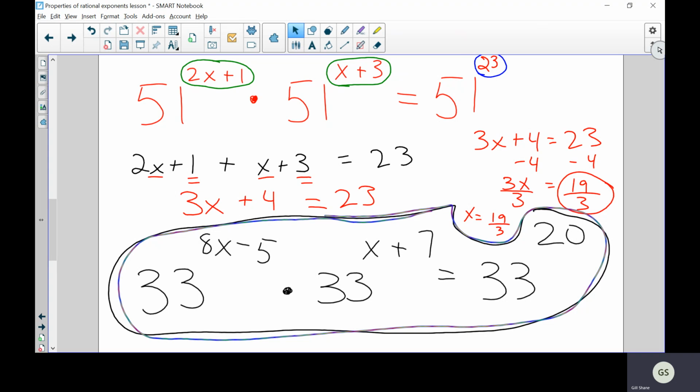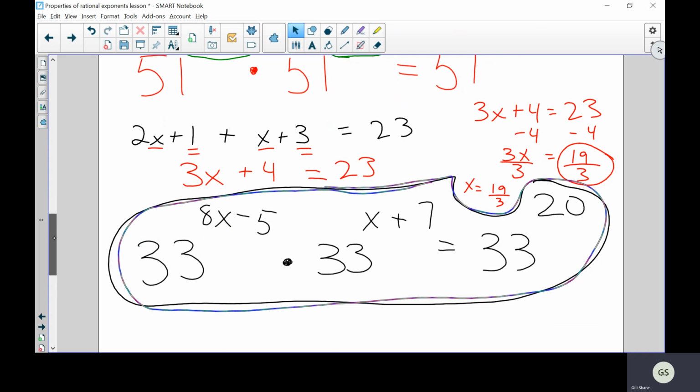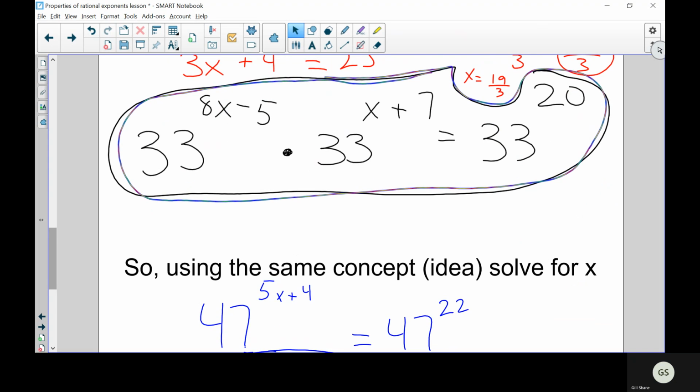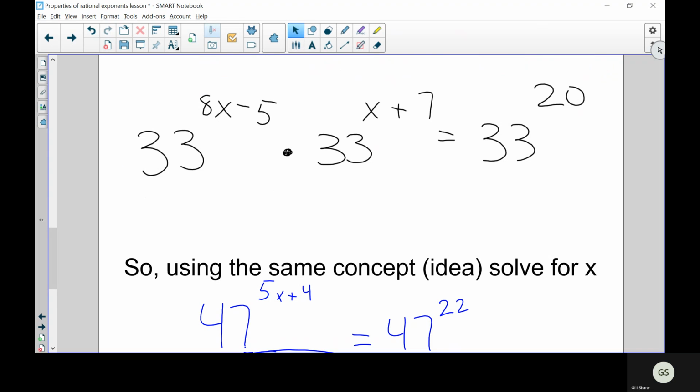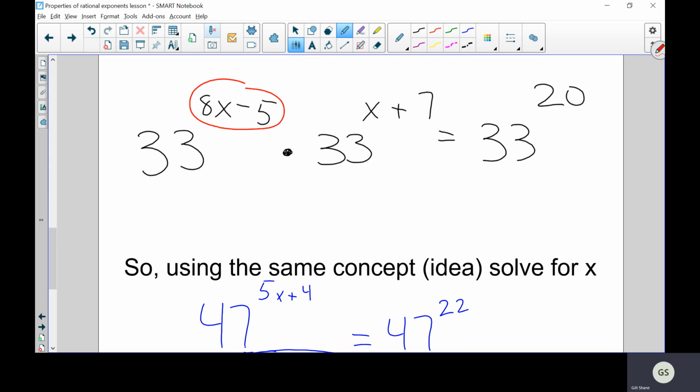All right, so again, I will not take off if you don't do this first step, but I think it helps organize it. So now I am going to go ahead and erase everything.